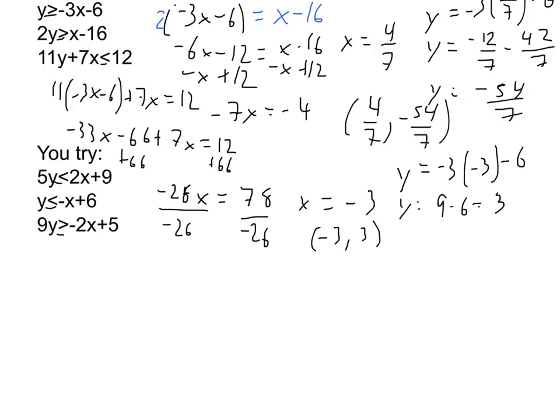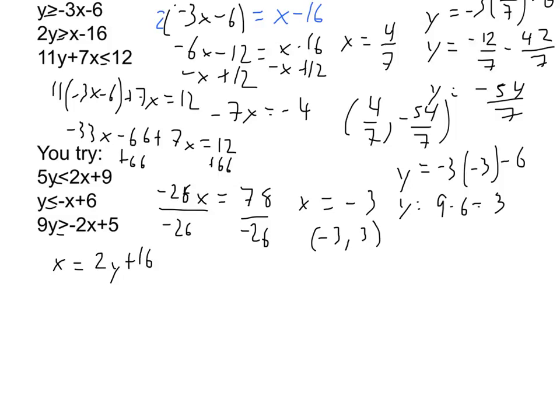Okay, and the last one, I need to find where the 2y equals x minus 16 is equal to this. So I'm going to just move that 16 to the other side to get that x equals 2y plus 16.